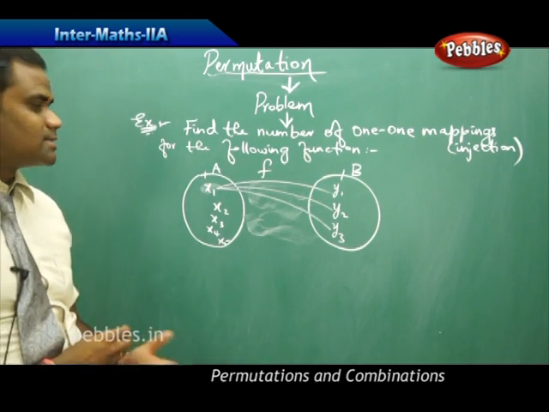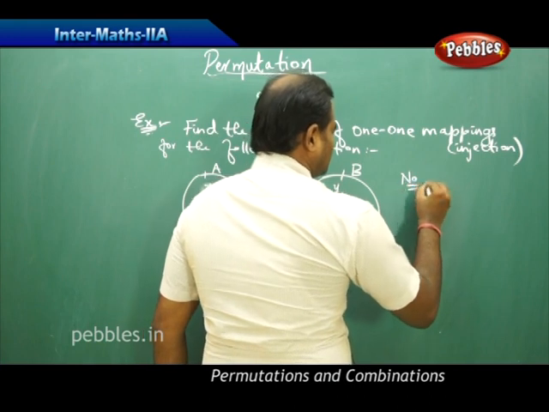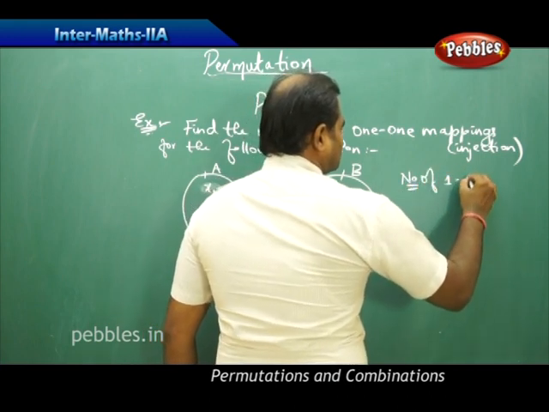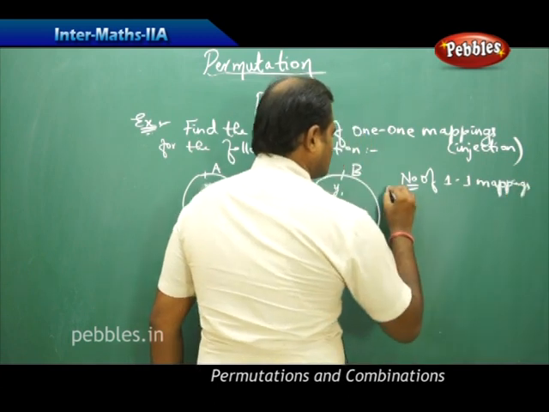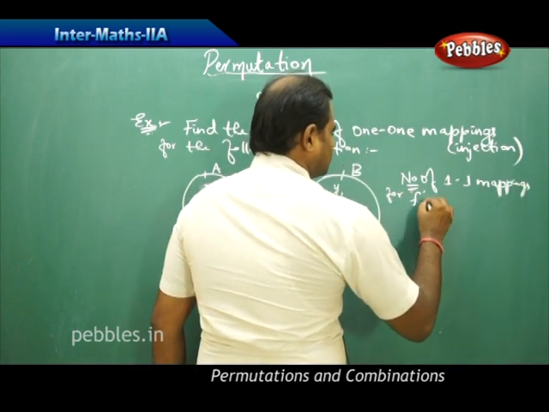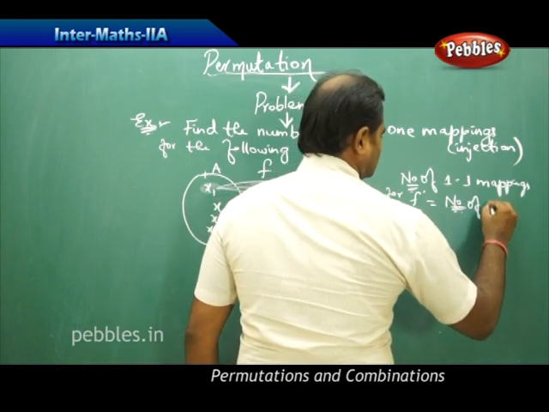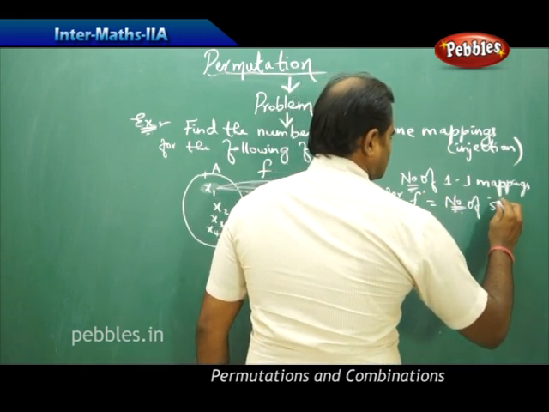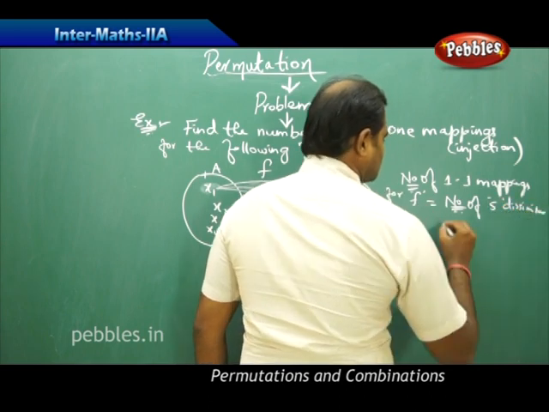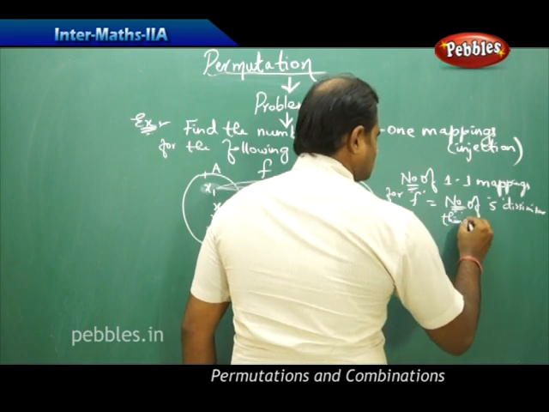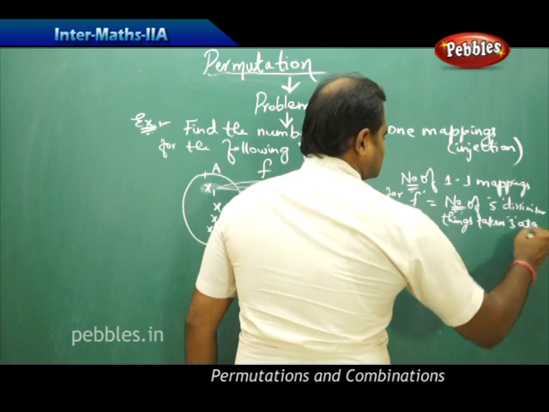Now, as I see this with the formula, the number of 1-1 mappings for f is nothing but the number of 5 dissimilar things taken 3 at a time.